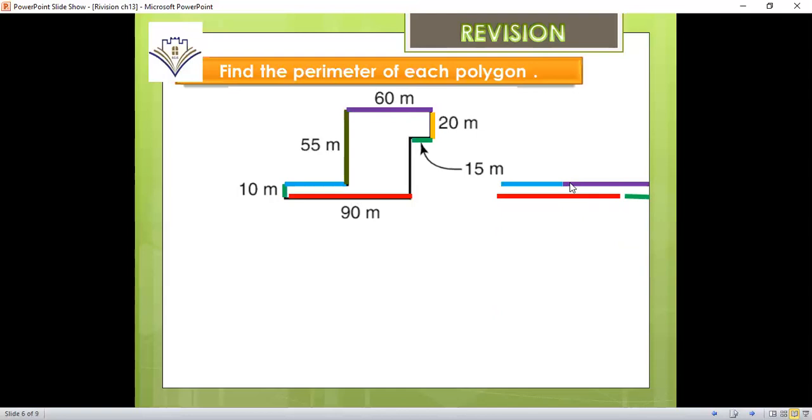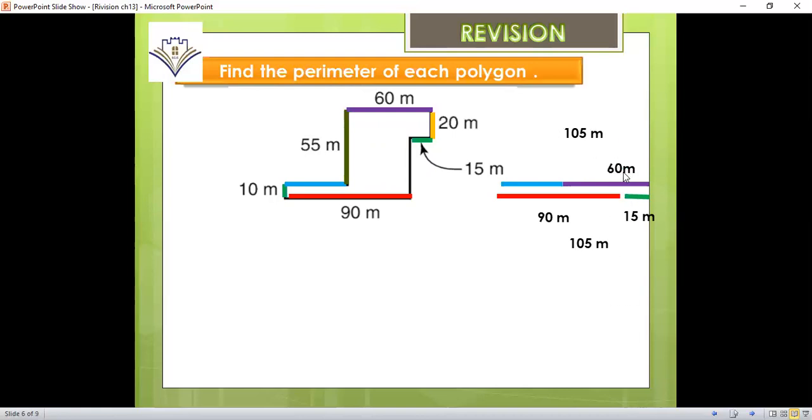Then both of them are equal. The red line is equal to 90 meter and the green is 15. Then both of them equal 105. Then the purple and this blue, both of them equal 105 meters also.